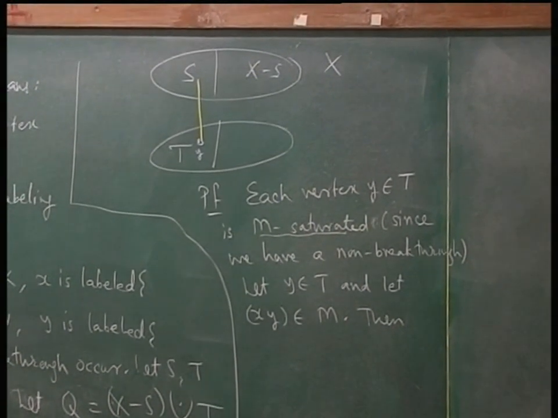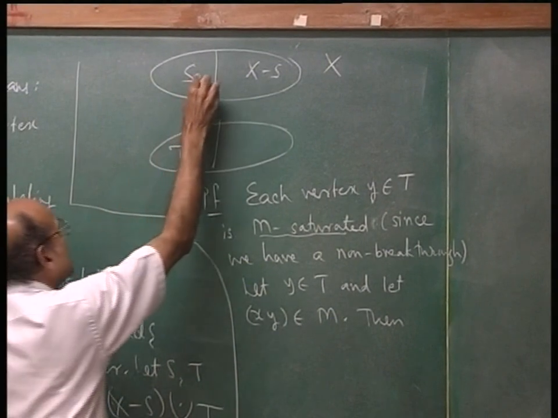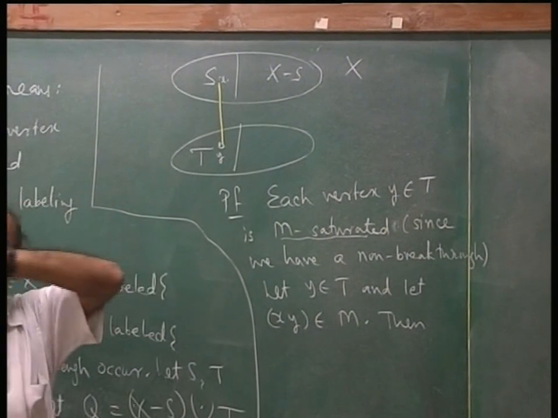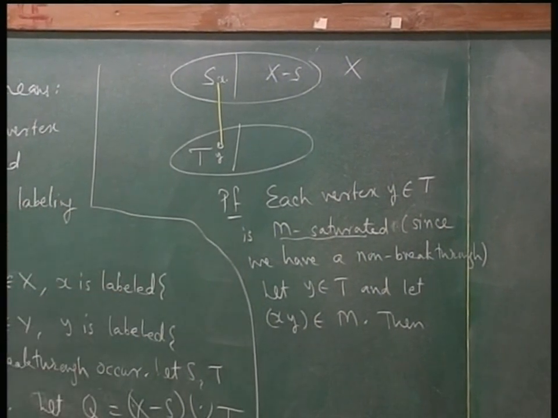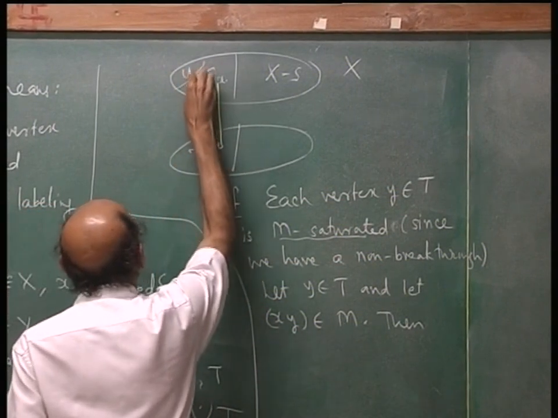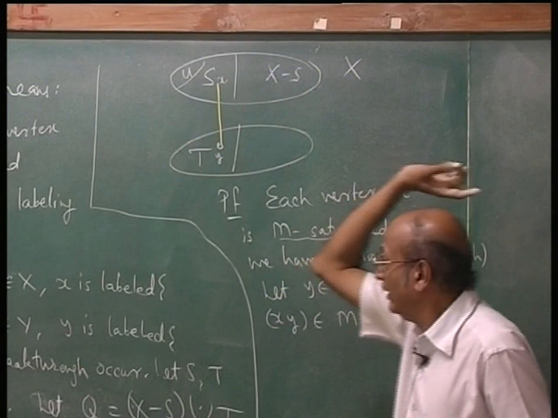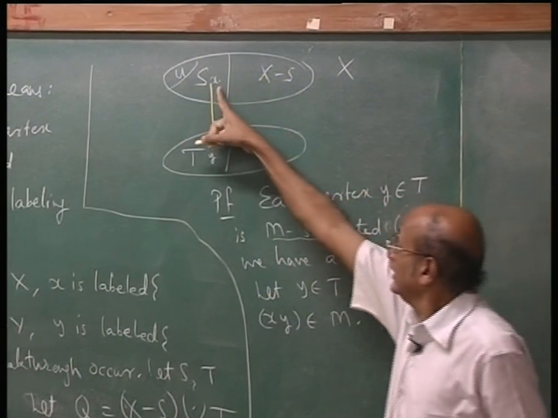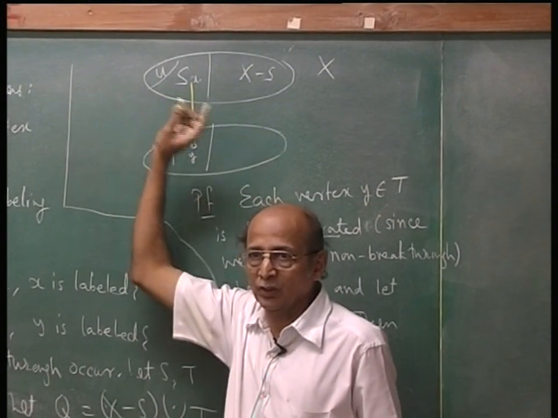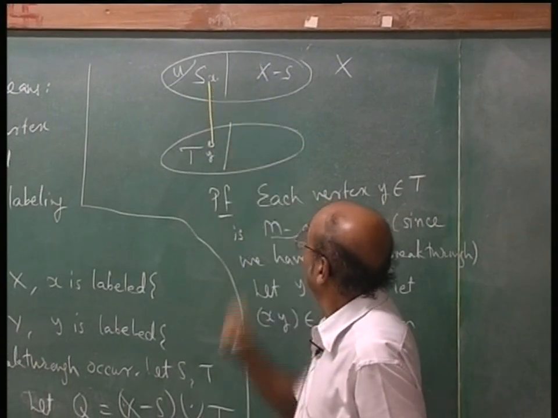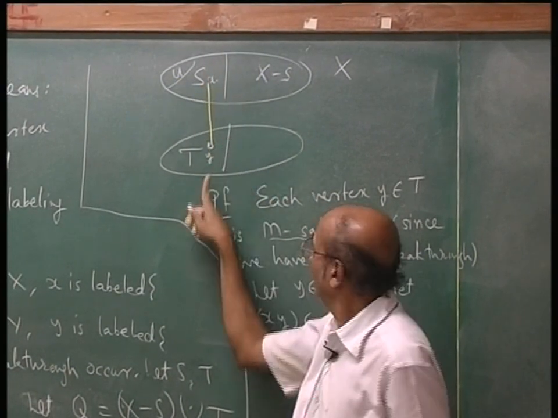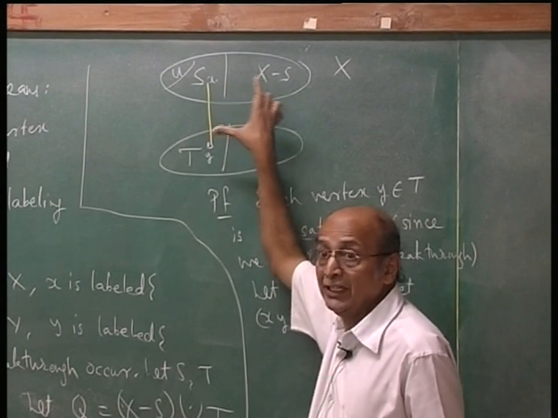Look at X itself. This is X. X is saturated. The set that I have called U there is actually a small portion of S. X is saturated, therefore X was not in U. Why did I put X in S? Because of some backward arc, which is this backward arc in the matching.